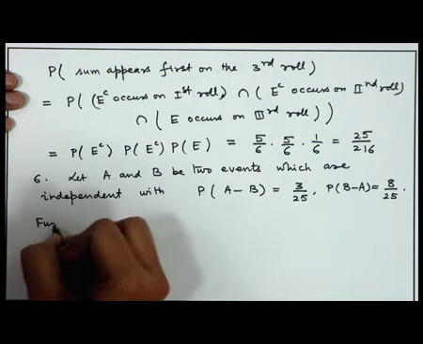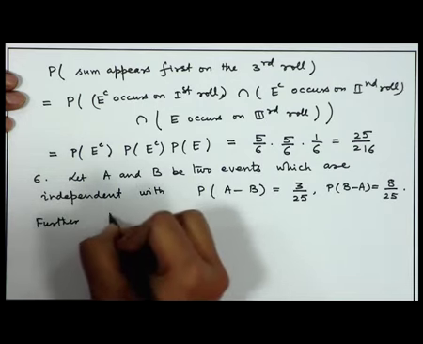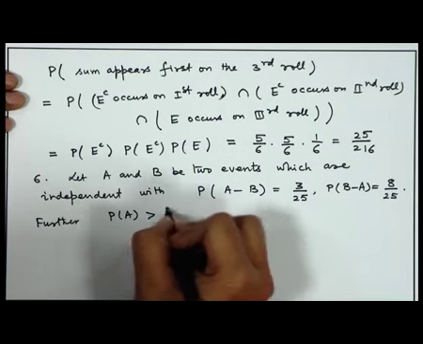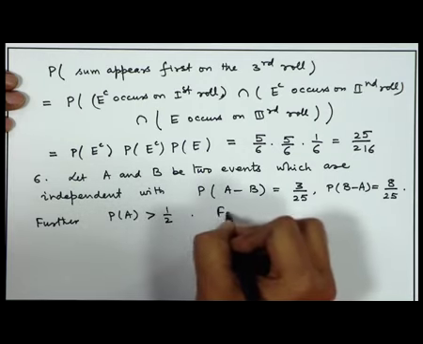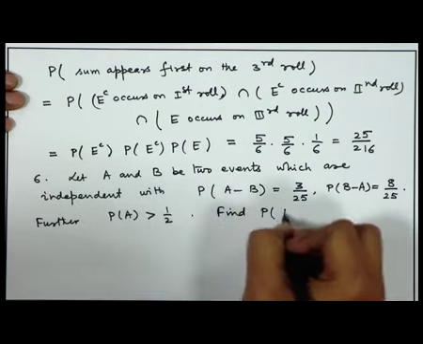Further, probability of A is given to be greater than half, then you have to find what is the probability of B.